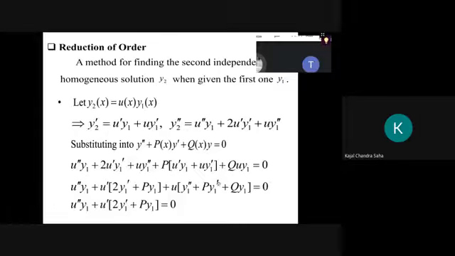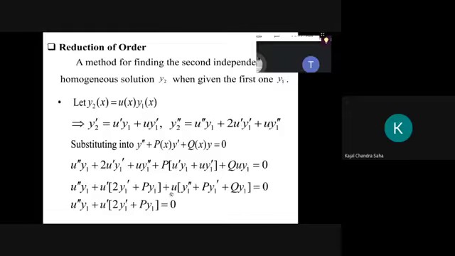Now we can simplify this. After simplifying, we find u double prime y1 plus u prime times (2 y1 prime plus p y1) plus u times (y1 double prime plus p y1 prime plus q y1) equal to 0. And after that we get u double prime y1 plus u prime (2 y1 prime plus p y1) equal to 0.